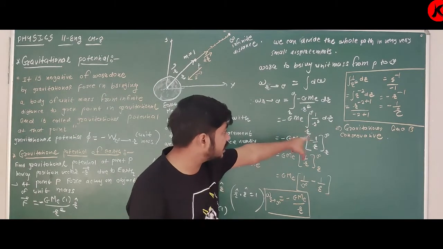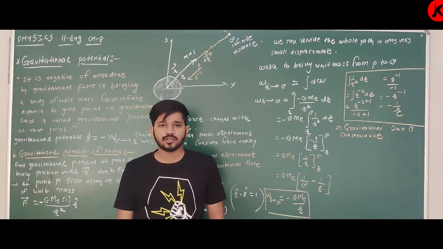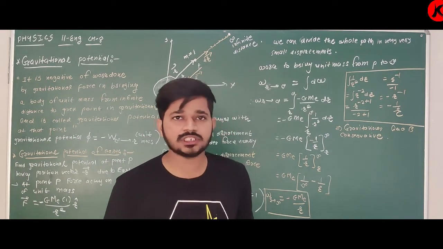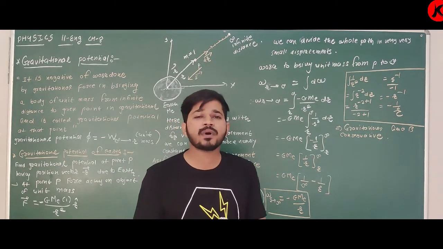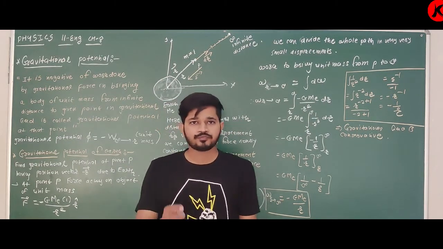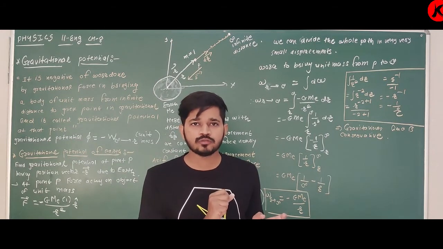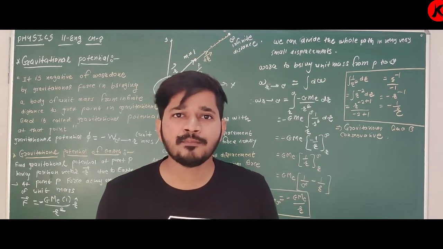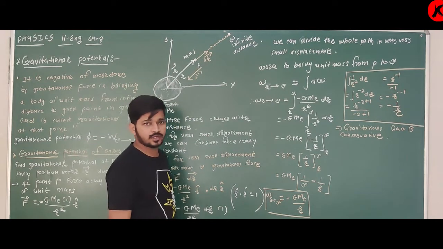Yes, we have proved that the gravitational field is conservative, because energy remains constant and work does not depend on the path taken. If work done to bring mass from A to B is 100 joule, then work to bring mass from B to A is minus 100 joule. So yes, the gravitational field is a conservative field.